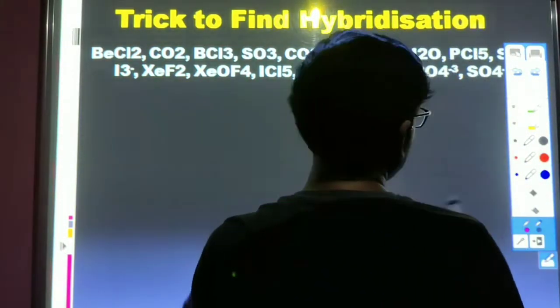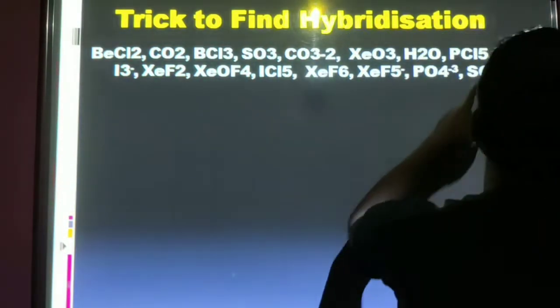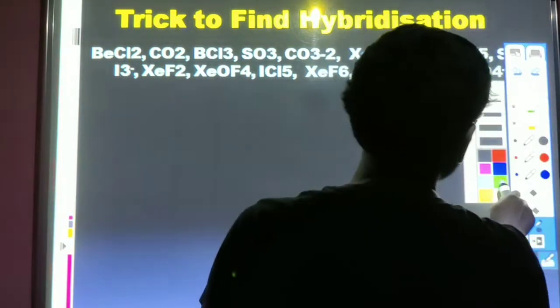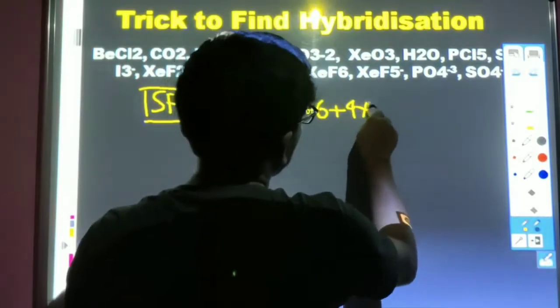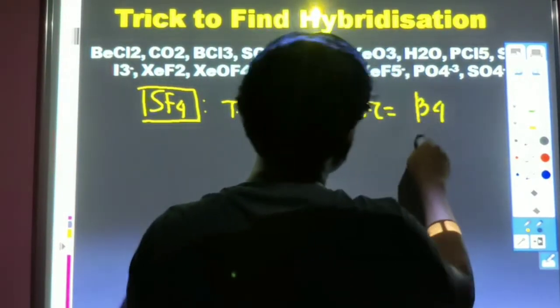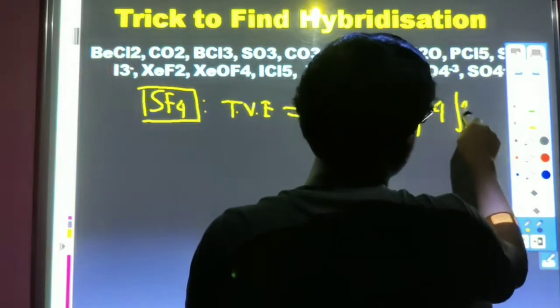Now next move to SF4. What will be the hybridization of sulfur in SF4? In SF4, total valence electron 6 plus 4 multiplied by 7, that will give you 34. Divide by 8.